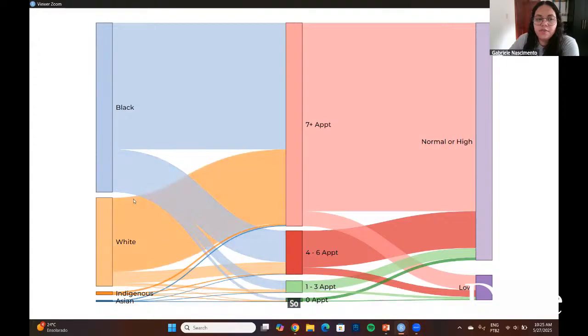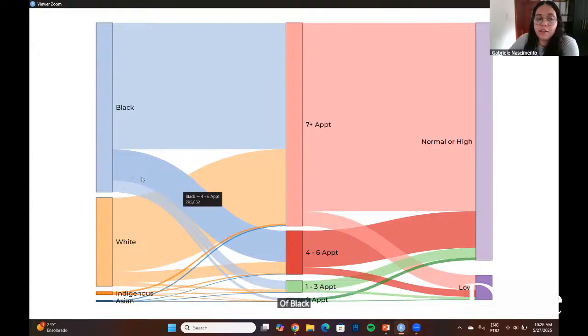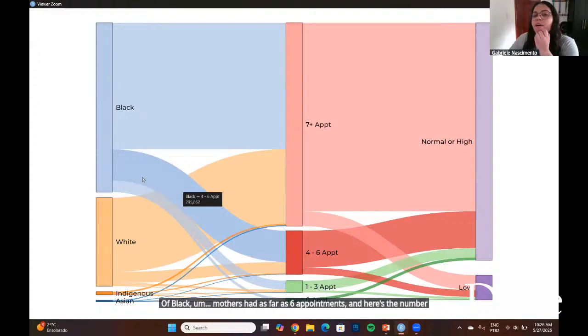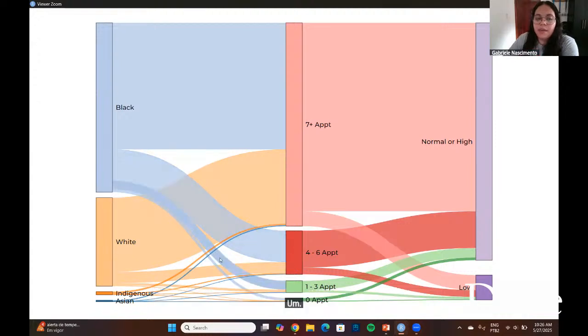So each one of these flows shows a different number in the second column, which means that we also have a smaller proportion of Black mothers that had 4 to 6 appointments. And here's the number, 5,000. And the same thing happened to 1 to 3 and 0 appointments.